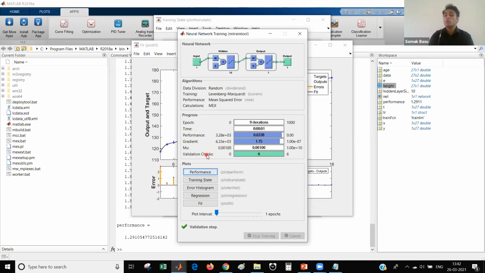And the validation checks. Validation check means how many number of times the neural network has found the error to be stable before stopping the training. So it has rechecked and cross-checked the output 6 times. For example, suppose you are solving a problem and you have got some answer, but you are not sure about the answer.